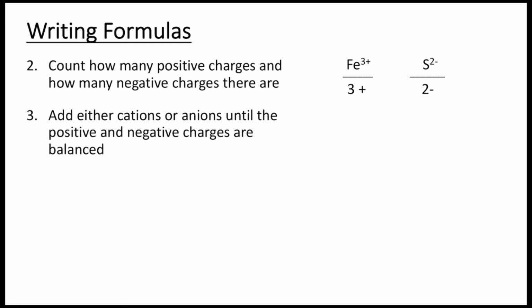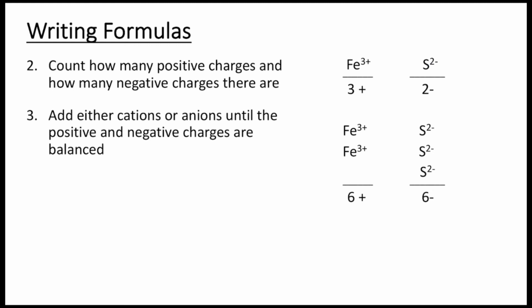So this is just like naming simple ionic compounds. So in this case, we can also think of the lowest common multiple, which is 3 times 2 is 6. So in order to make 6, we need 2 irons. So 3 plus and 3 plus makes 6 plus, and you'd need 3 sulfurs. 2 minus plus 2 minus plus 2 minus is equal to 6 minus.